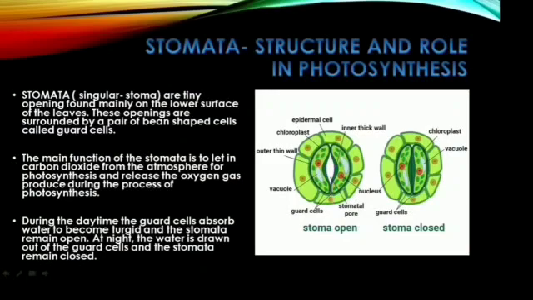The reverse happens in case of night. What happens during night? Children, during night there is no photosynthesis, isn't it? So there is no formation of glucose. Whatever water was absorbed during the daytime inside the guard cell now gradually, starting from the evening time, goes back to the epidermal cells that are surrounding the guard cells.